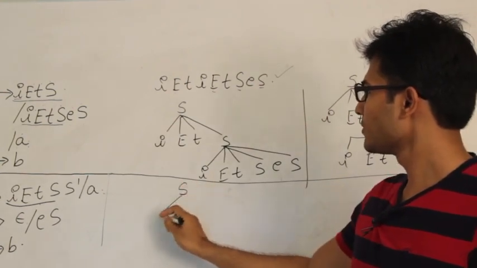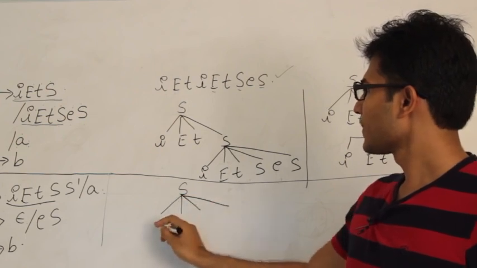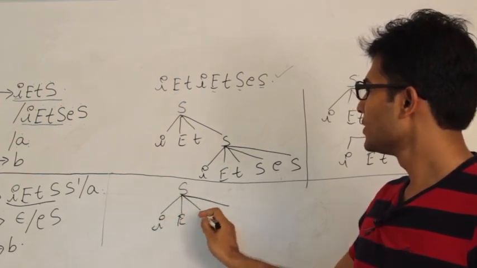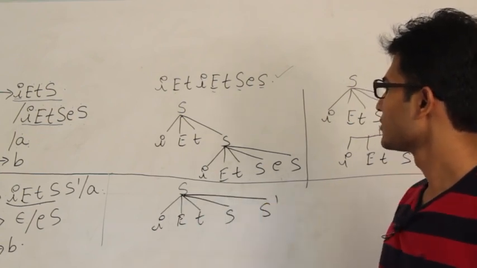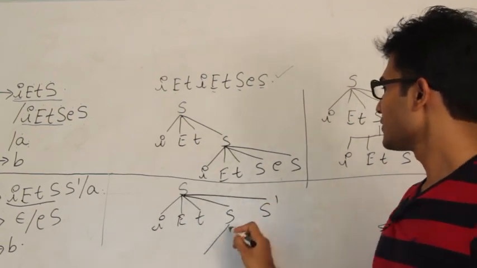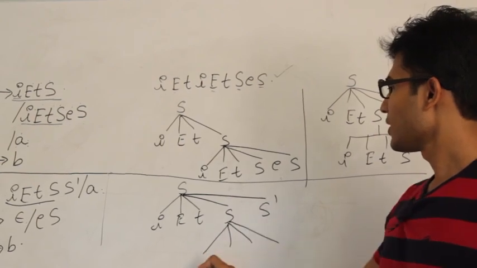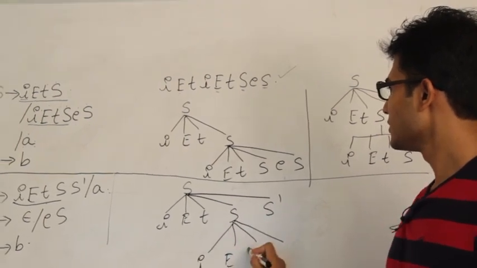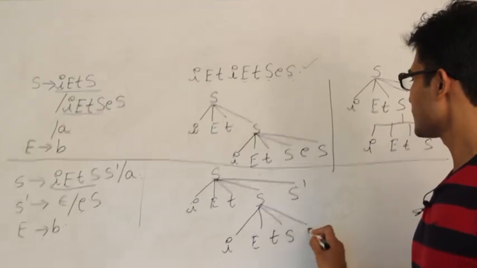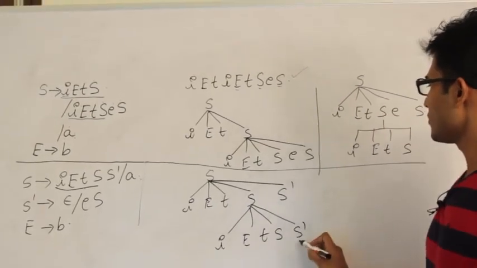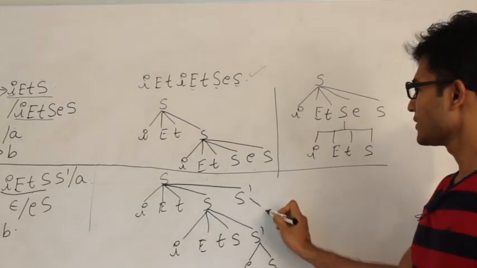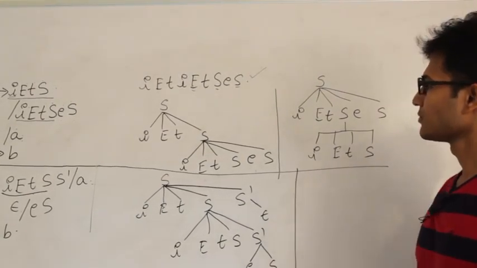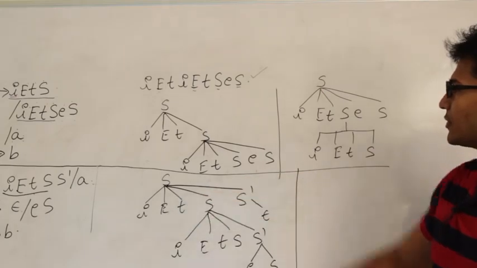S derives, one part is I, E, T, S and S dash, and now this S derives I, E, T, S, S dash, and now this S can be ES and this S can be epsilon, right? Which means I got this one from here.